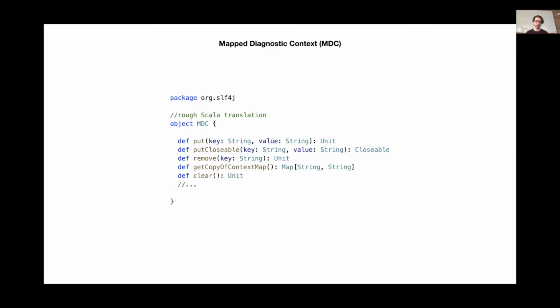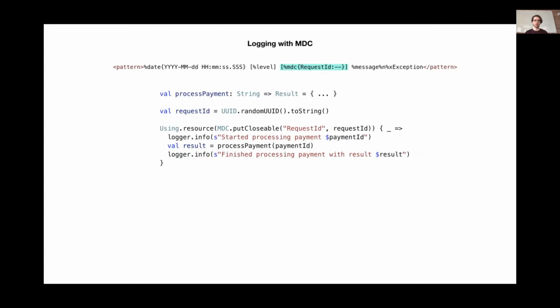It has a relatively simple API, which can be roughly translated to Scala like this. We have a method to put some value under a key. We have a method to remove a key, to clear the whole map, and to get a copy of the map that is underneath. And we can also put a key using closable, which will be removed when we close this. So this sounds exactly like something we might want to use.